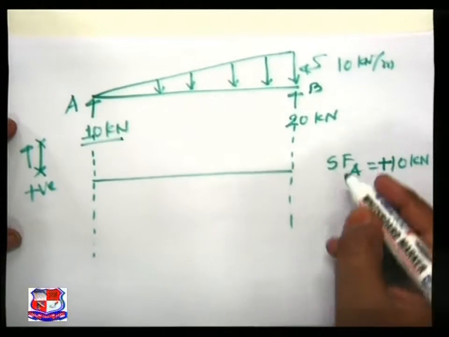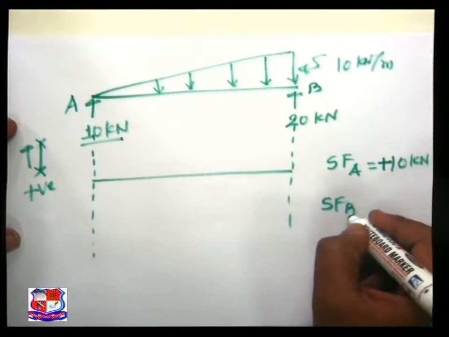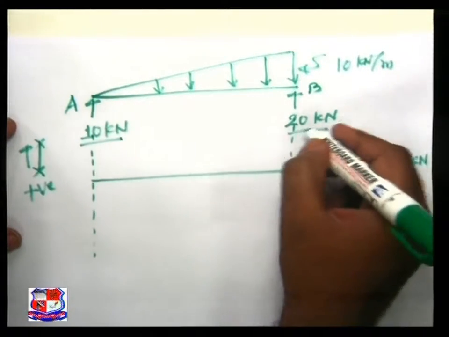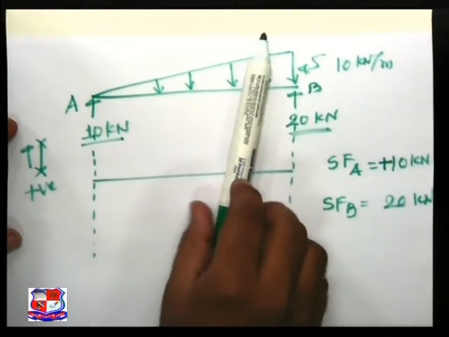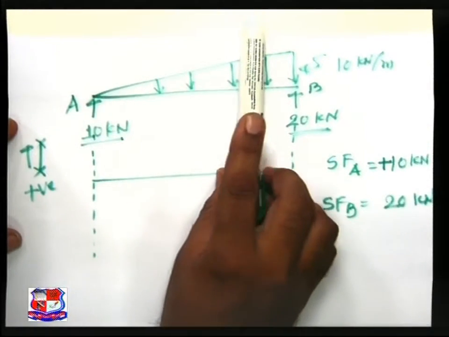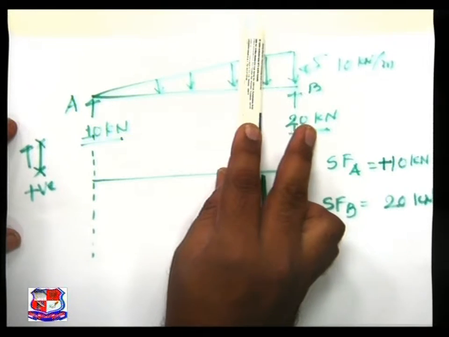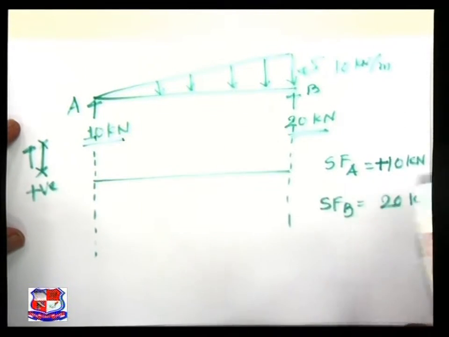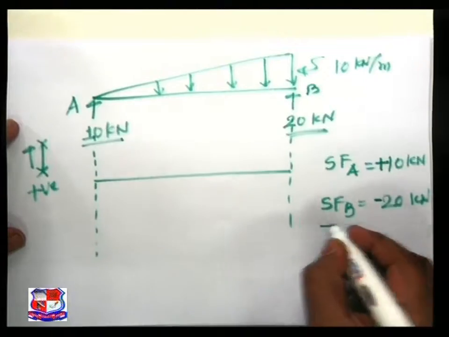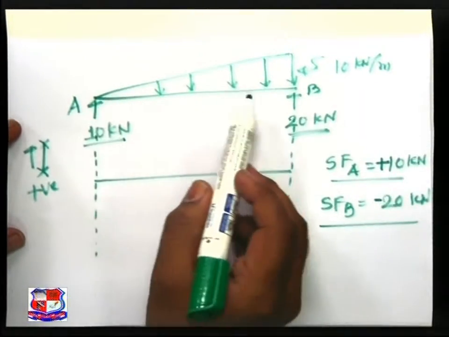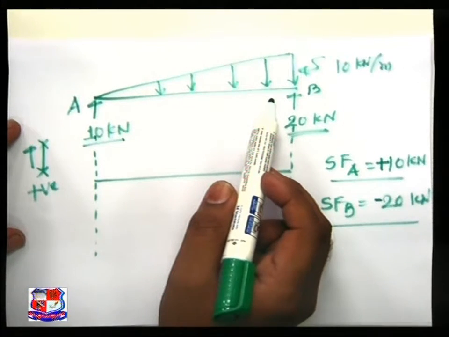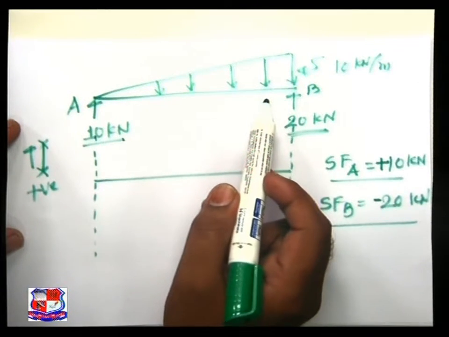This is the positive sign convention. Now shear force at B is equal to its reaction value, 20 kilonewton. About the sign convention, if we take this section right upward, this will be treated as negative. So we know the value of shear force at A and B, but we do not know the variation between A and B, and hence we have to take the section method.